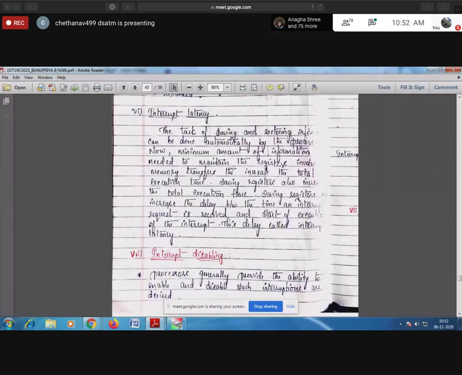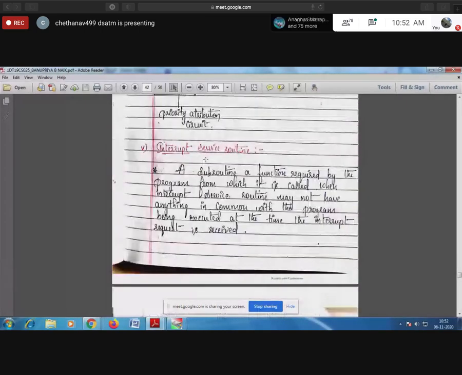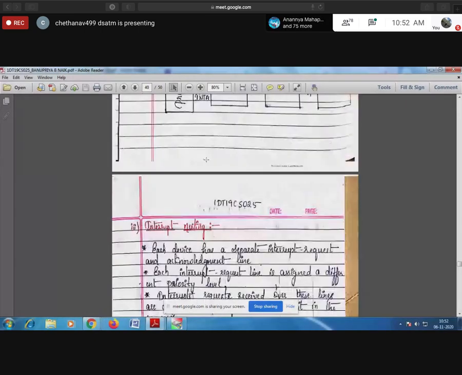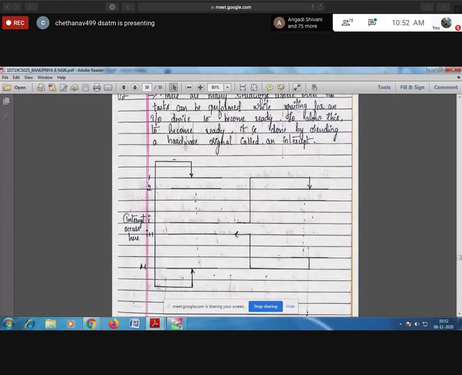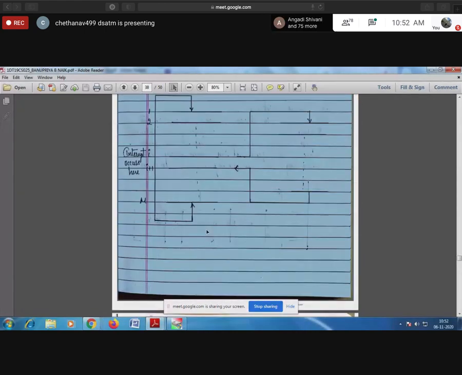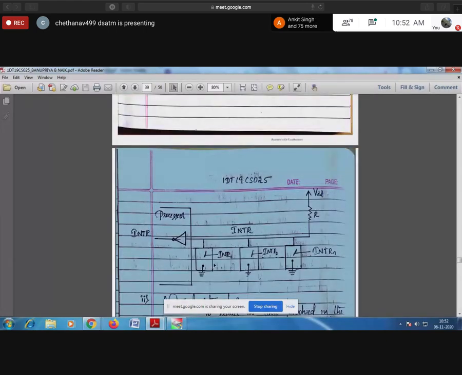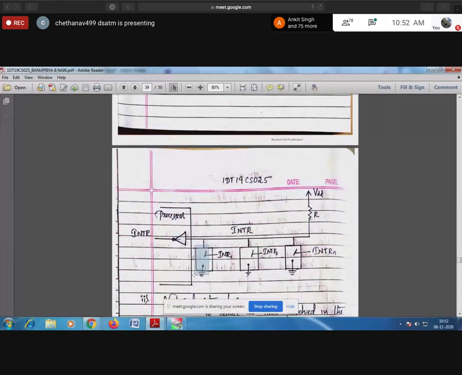Latency means what? I'll give you this diagram explanation. See here, this device will interrupt. I want the service of the processor. It requests the service, but the processor will give the service after 2 milliseconds.